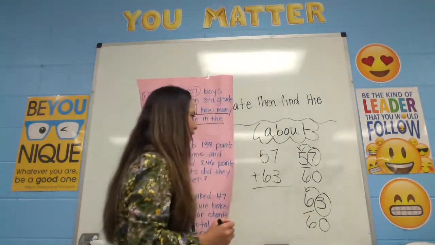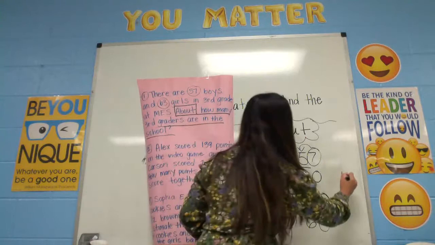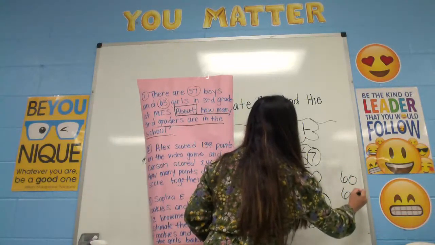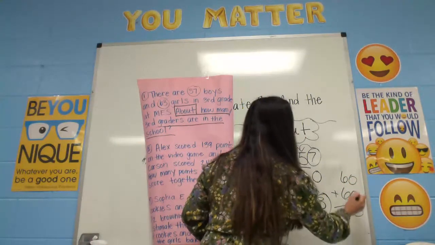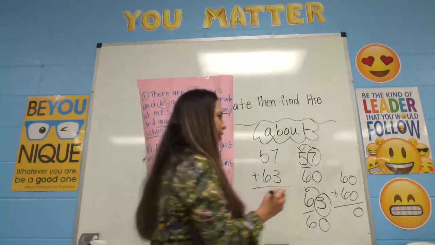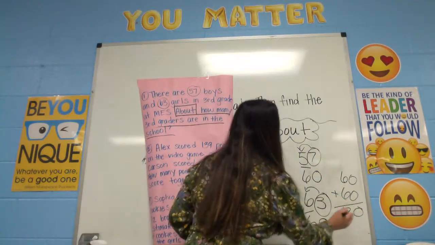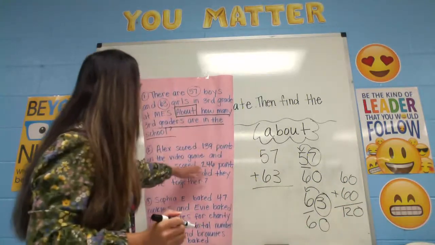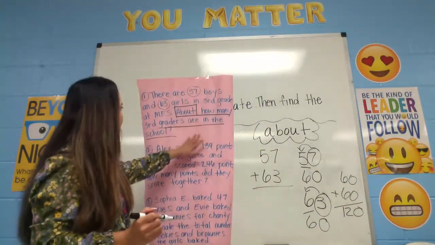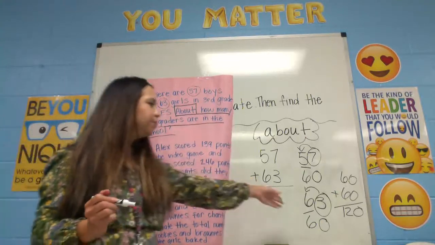So let's go back and add 60 plus 60. And we know 60 plus 60 is 120 because 6 plus 6 tens is 12 tens. So, boys and girls, let's go back to the problem. About how many 3rd graders are in the school?